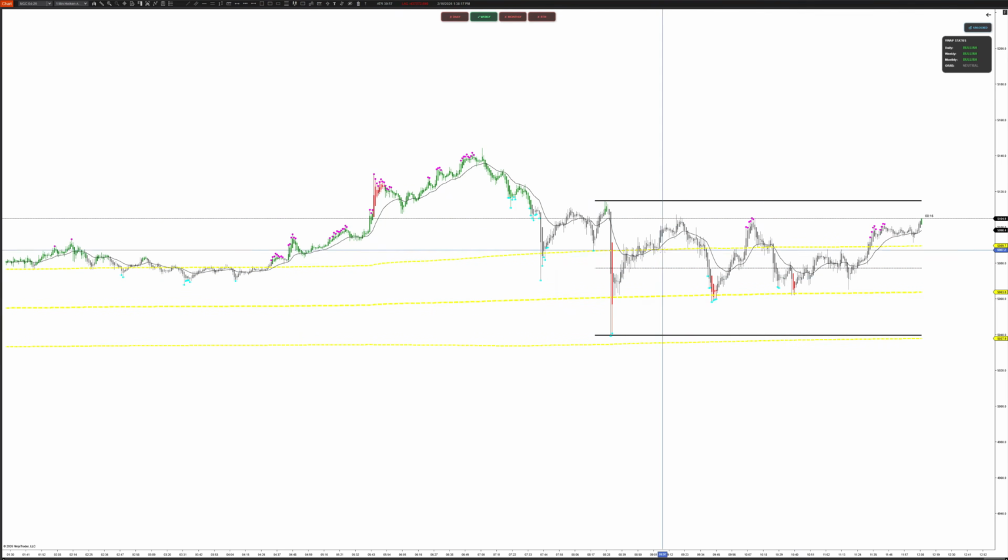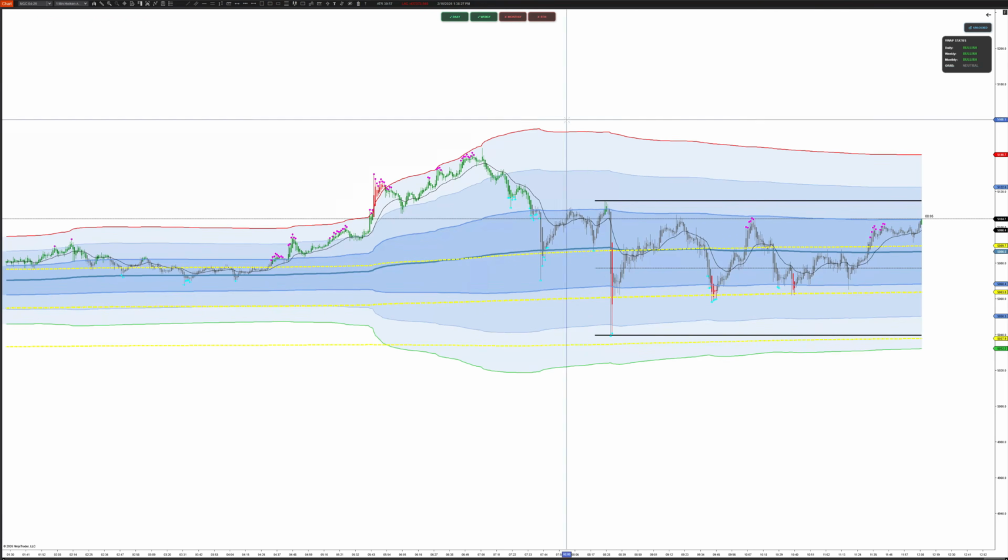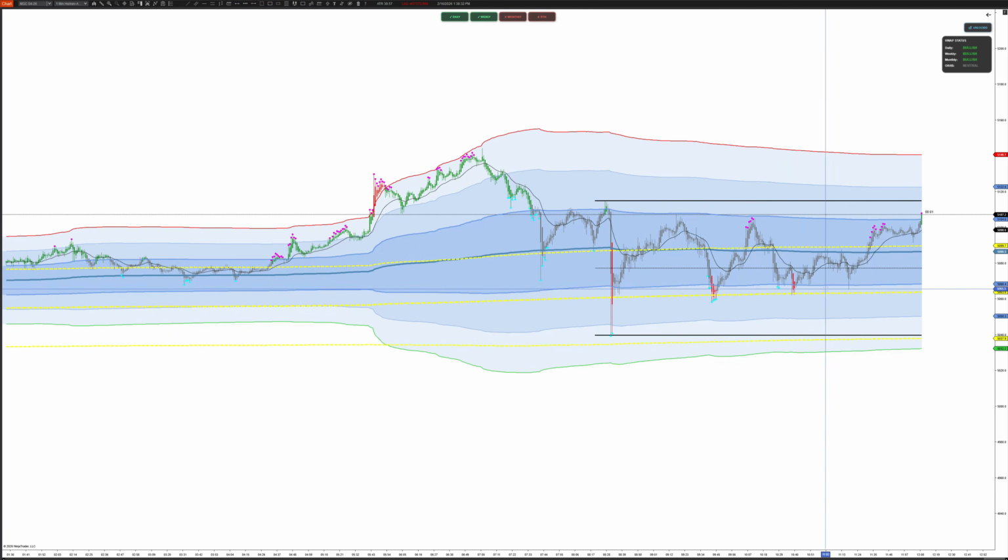And as you can see here, we come back down into our weekly VWAP and we have some reactions right at the weekly VWAP. I can turn back on my daily, and the weekly VWAP somewhat correlates to the daily VWAP at this time.